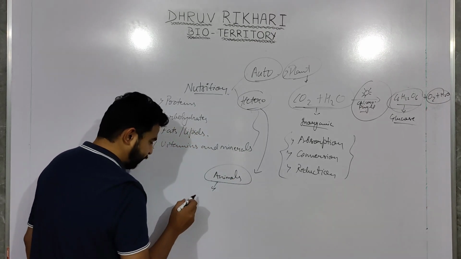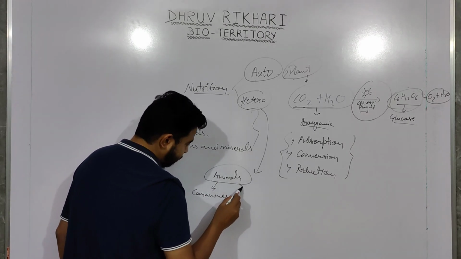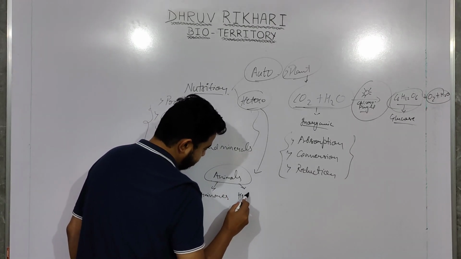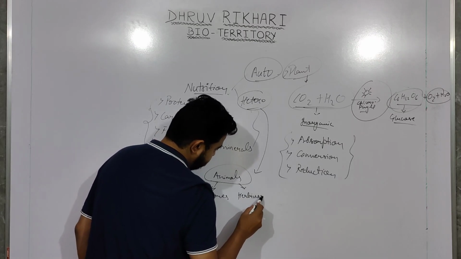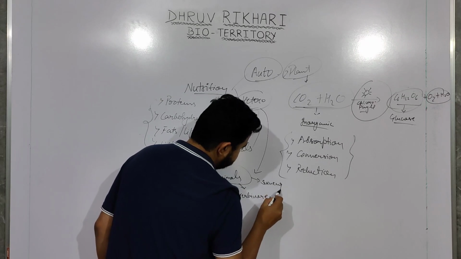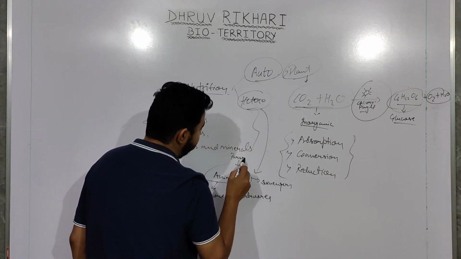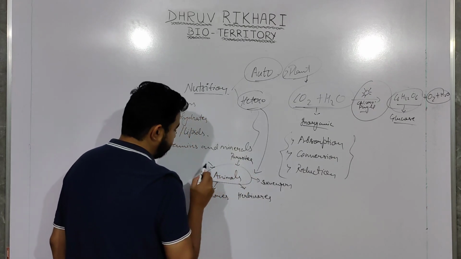There can be carnivores, herbivores, scavengers, parasites, saprophytes.